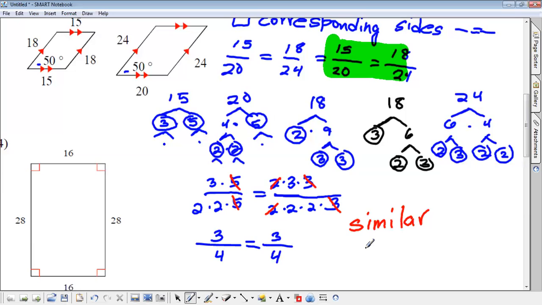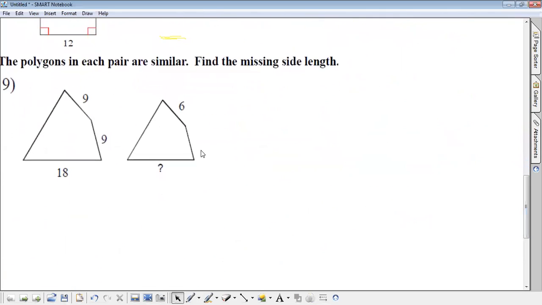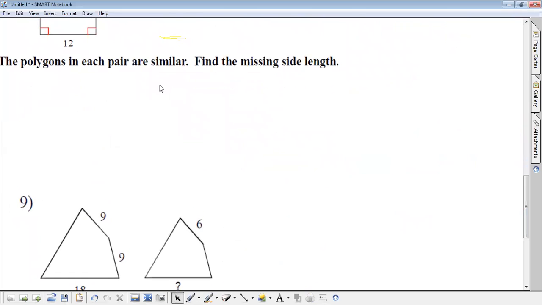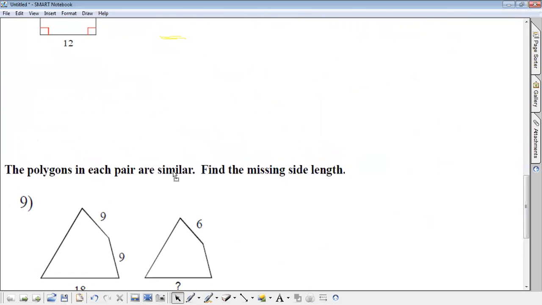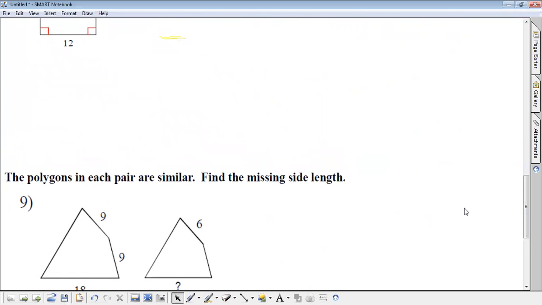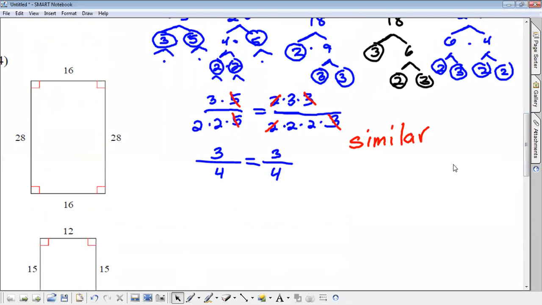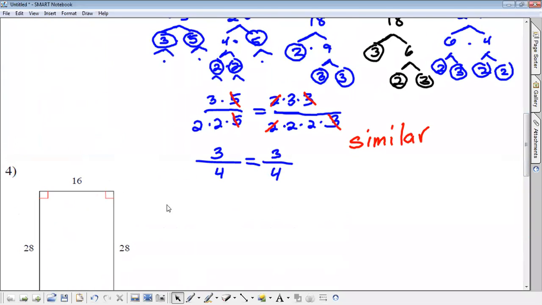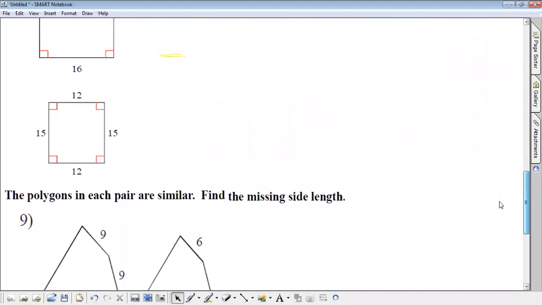Now, there's another way you can do it without doing all the factoring. Some kids like it, some kids don't. How you do it, to me, doesn't matter as long as you get the right answer. And this is how you do it.